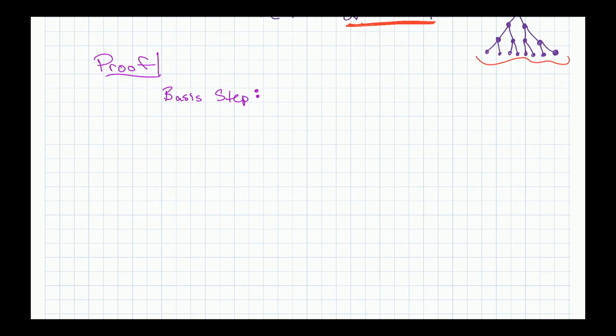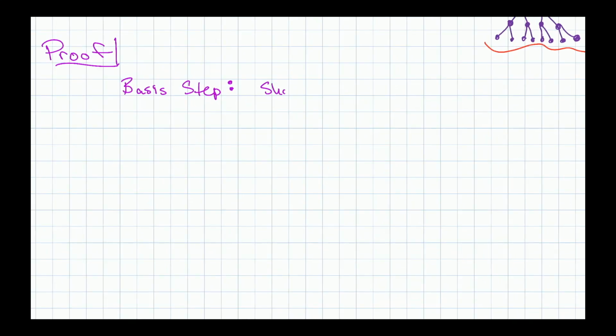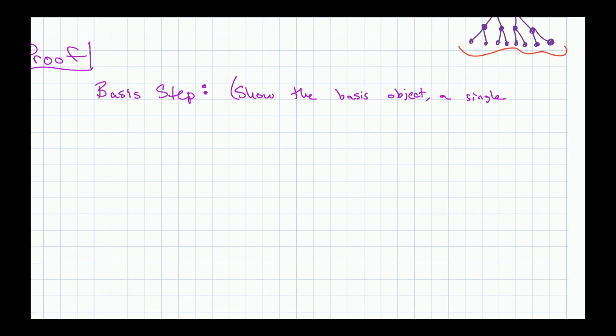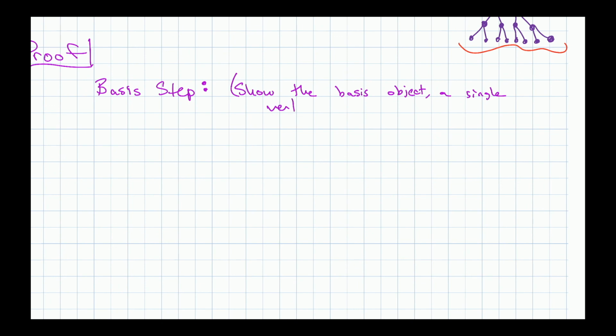So we need to consider a single vertex. So we need to show the basis object, which is a single vertex, satisfies the theorem. All right, so that's what we're going to do.